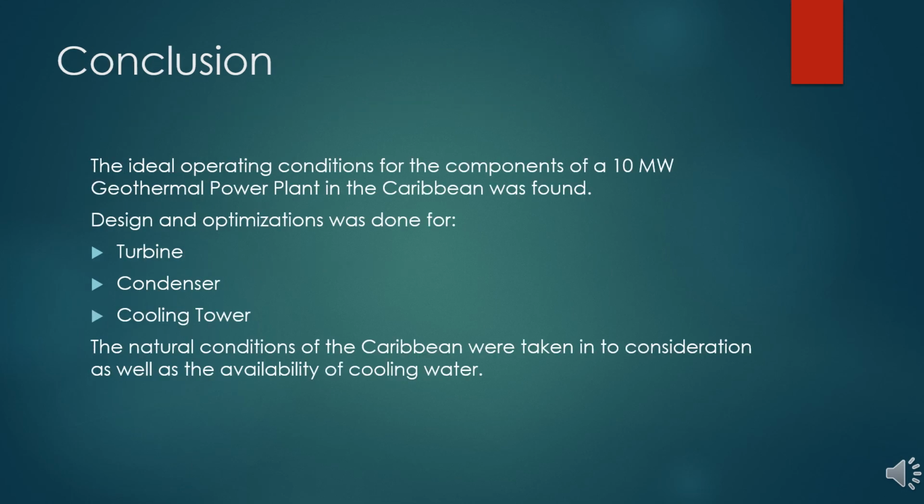The ideal operating conditions for the components of a 10 megawatt geothermal power plant in the Caribbean were found. Design and optimization was done for the turbine, condenser, and cooling tower. And natural conditions of the Caribbean were taken into consideration, as well as the availability of cooling water.